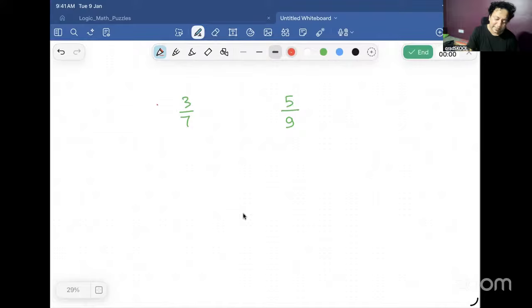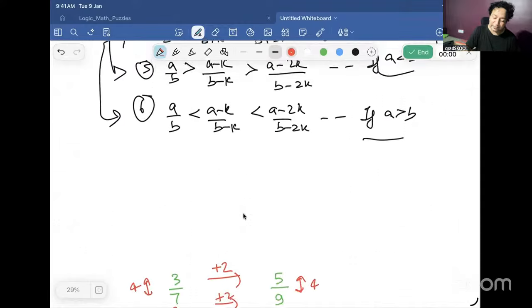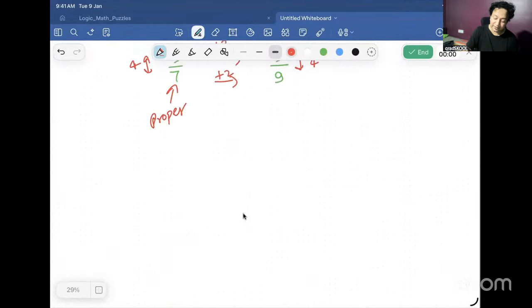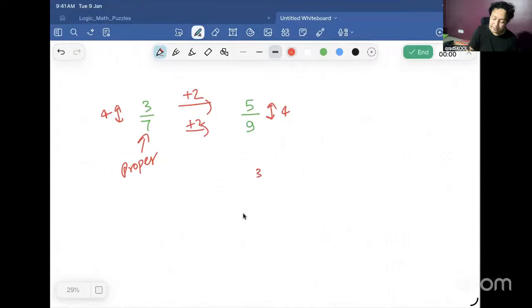But here I can clearly see the gap is 4 units. Horizontal gap is 4 units. Vertical gap is 2 units. So what is happening? This is a proper fraction. And if it's a proper fraction and same growth is there, it becomes greater. Clear? So 3 by 7 is basically lesser than 5 by 9.